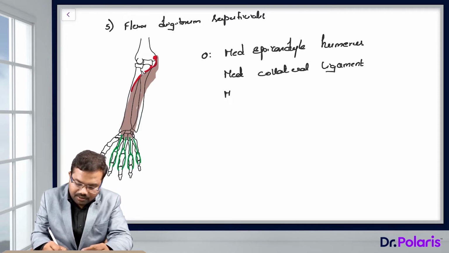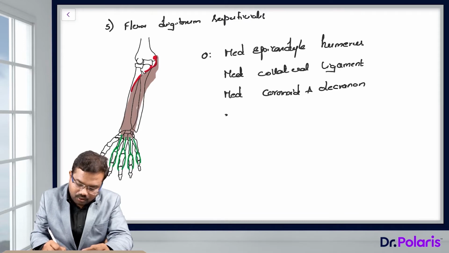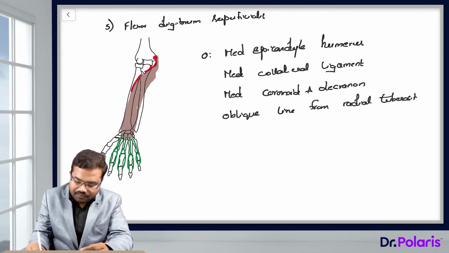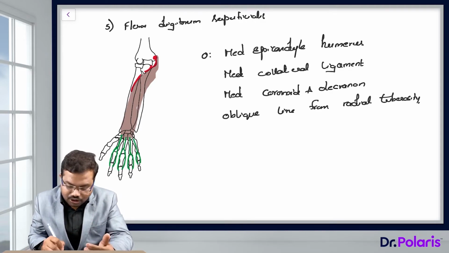Then the medial part of the coronoid and olecranon. Then the oblique line from the radial tuberosity on the radius. Okay, this is the origin of the flexor digitorum superficialis.